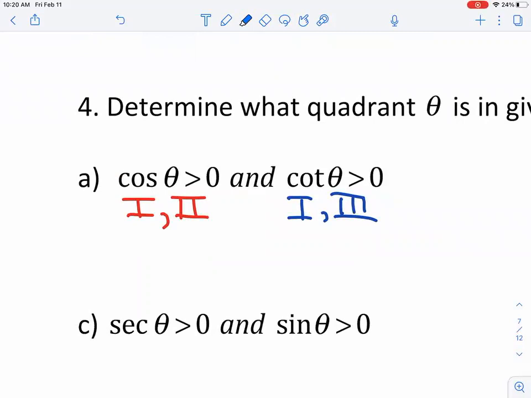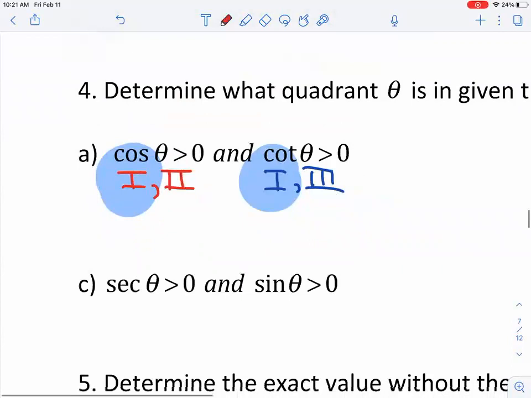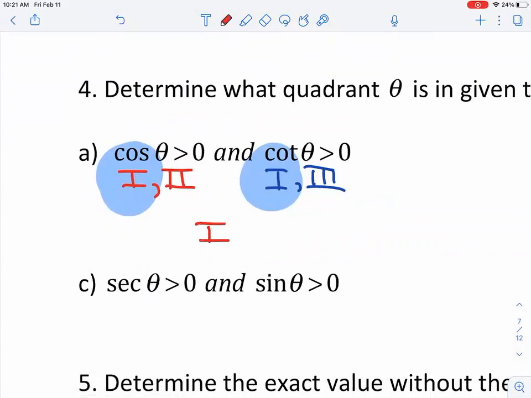If the cosine is positive and the cotangent is positive, well, they both satisfy the condition in quadrant 1. Therefore, theta has to be in the first quadrant, okay?